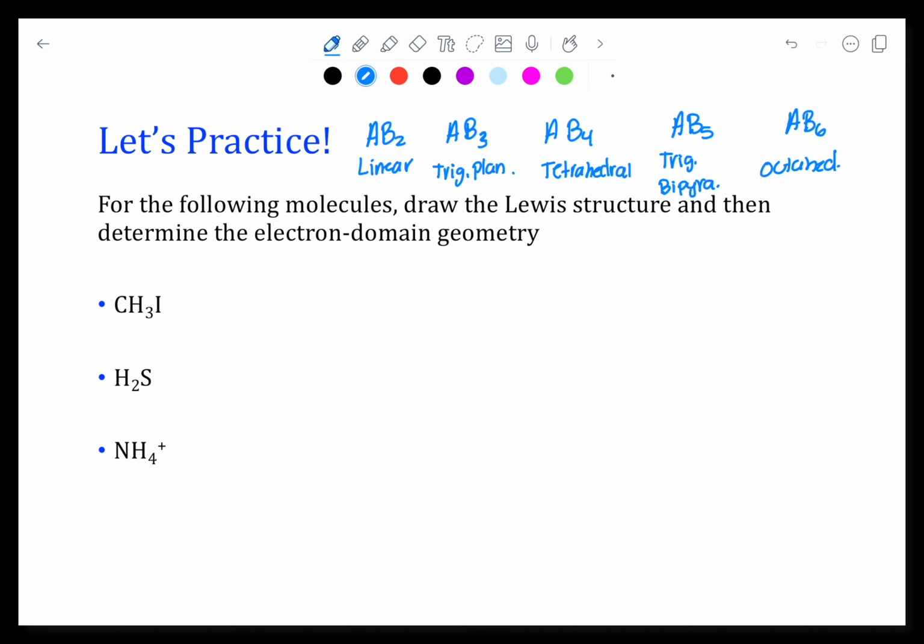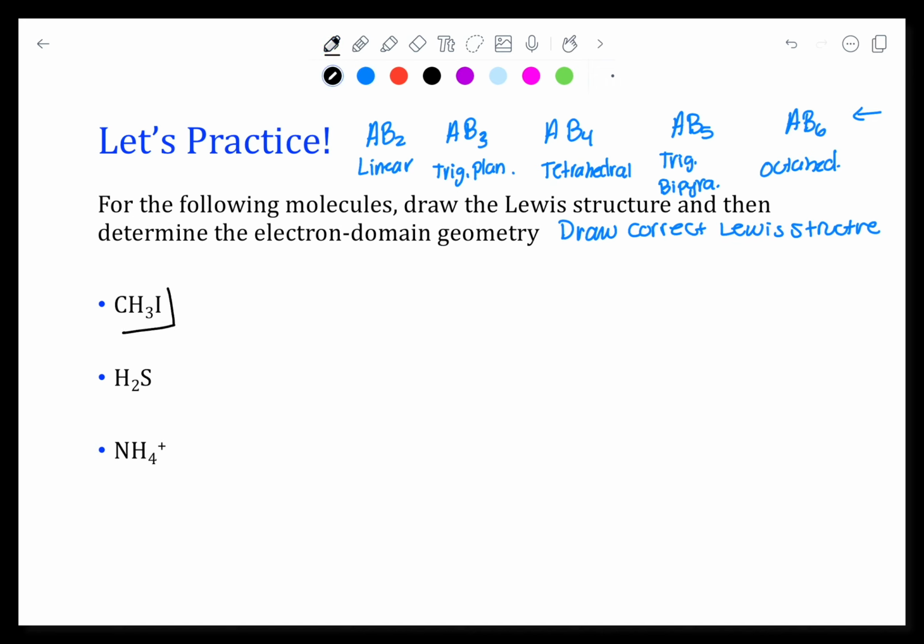Now, it's very important that we draw the correct Lewis structure, which includes drawing our lone pairs in the correct positions, because if we're missing a bond or a lone pair, that's going to affect our number of electron domains, which is going to affect how we identify the electron domain geometry. Okay, so we need to first follow our rules for drawing Lewis structures. So let's start.